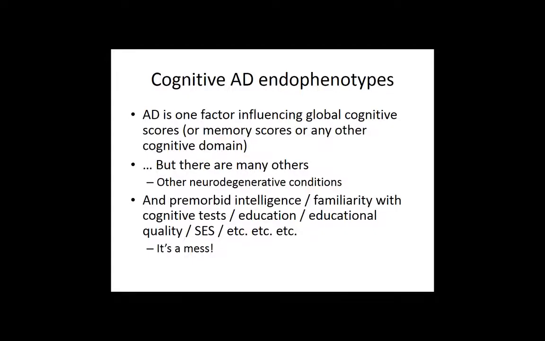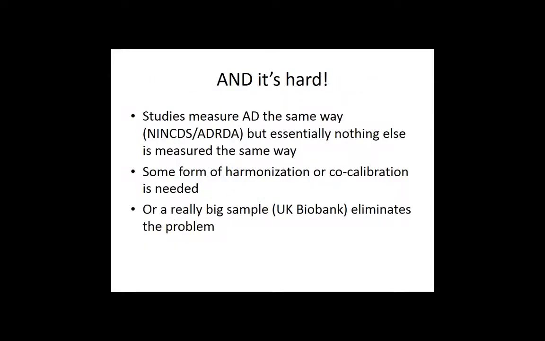Many, many, many factors influence not just Alzheimer's neuropathology. So there's other neurodegenerative conditions, premorbid intelligence, the familiarity with cognitive tests, education, educational quality, socioeconomic status, and I put in 3 et ceteras. Like a whole lot of stuff that's related to global cognition. It is a mess, and it's hard.